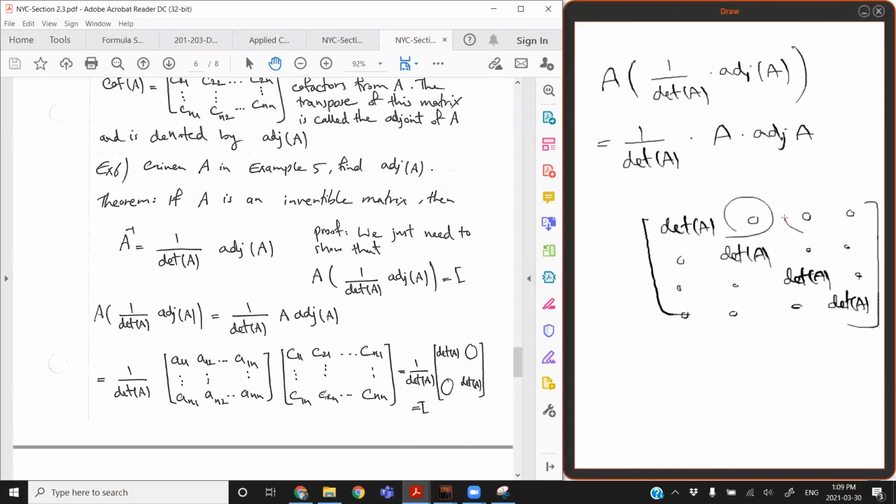Then if I do first row of A, cofactors from the third row of A, I get 0. First row of A, cofactors from the fourth row of A, I get 0. So everywhere else I get 0. And isn't this clear? That if I multiply these two, I get I. Because if I multiply this by 1 over determinant of A, I'm going to get 1, 0, 0, 0, 0, 1, 0, 0, 0, 0, 1, 0, and then finally 0, 0, 0, 1.